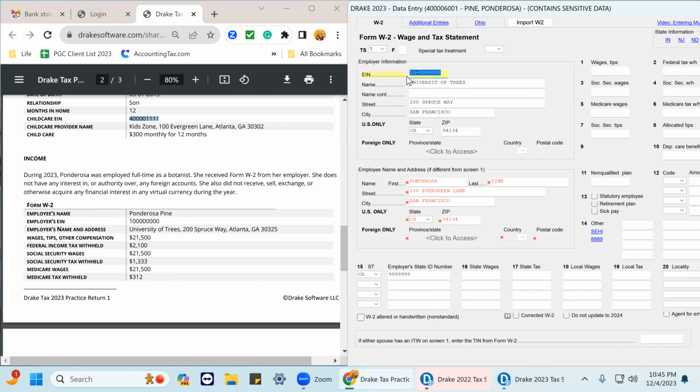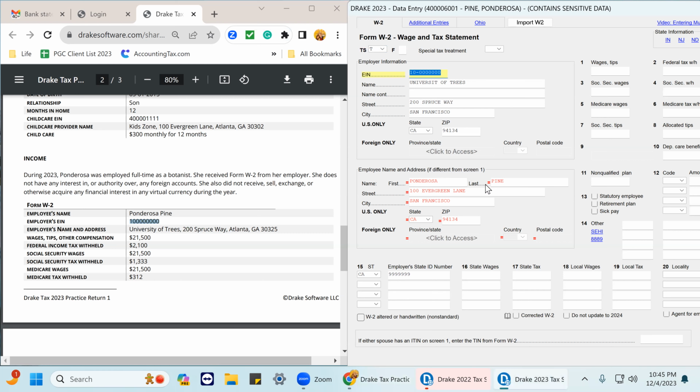Normally if they are a new client, they will bring the last year's tax return, so you stay consistent with last year, because the primary social is the account in the IRS. You want to keep it consistent. This person's employer EIN number is obviously a made-up number, right?